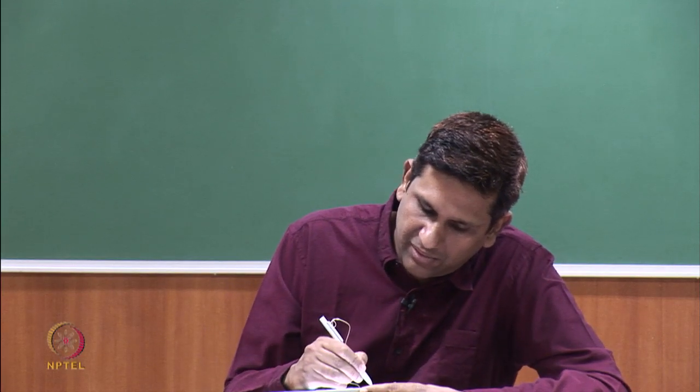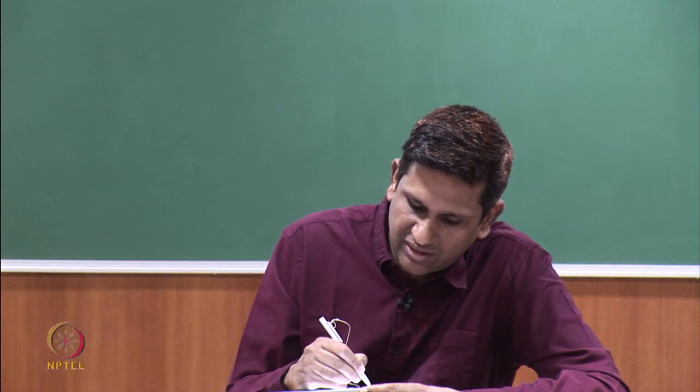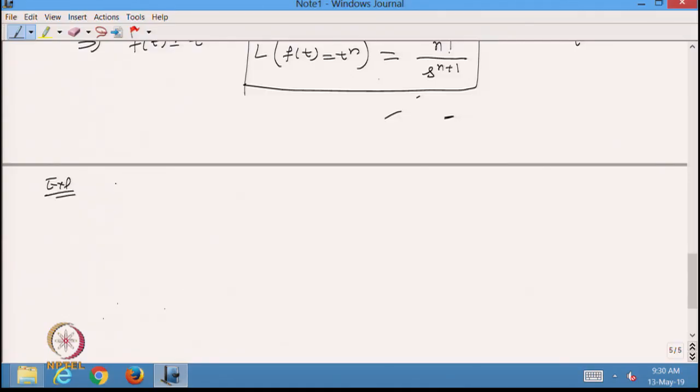Then I can define the Laplace transformation for any other function. So, let us take another example, and I take the function f(t) equal to the exponential function e raised to power a t. This function is well defined for t belongs to 0 to infinity.